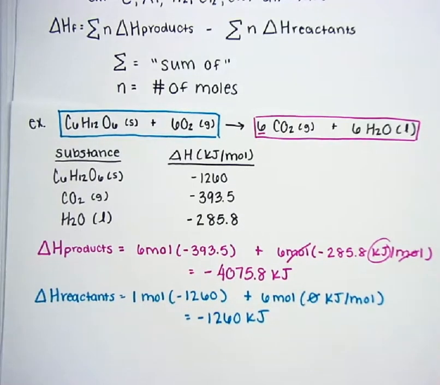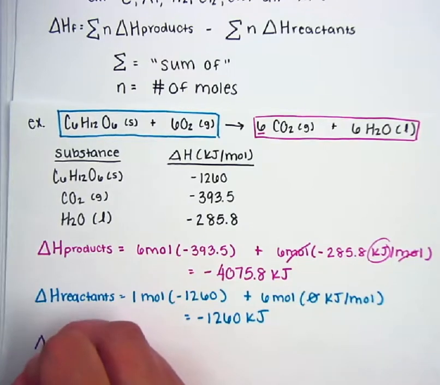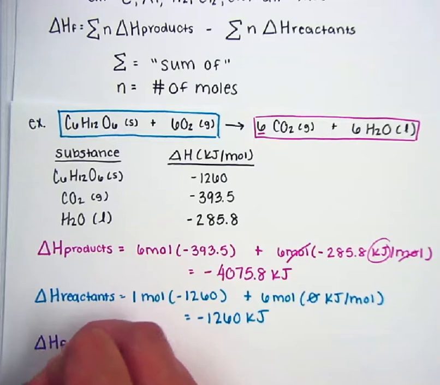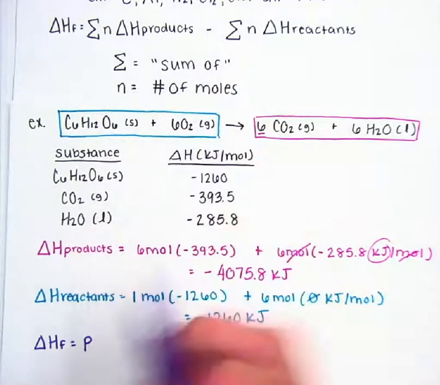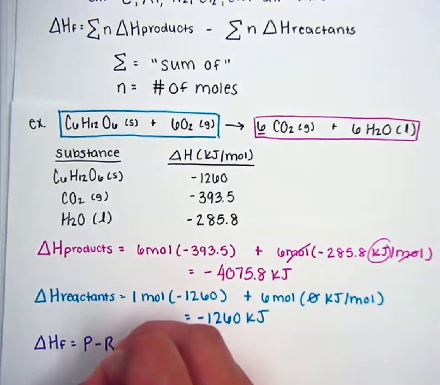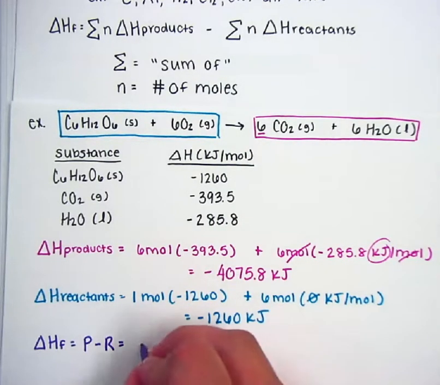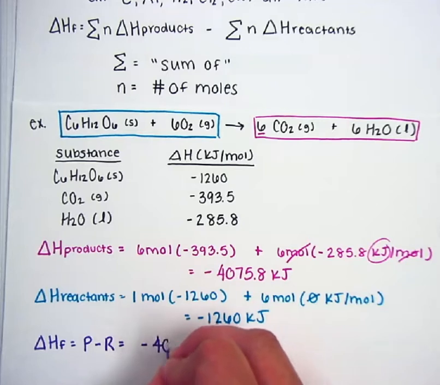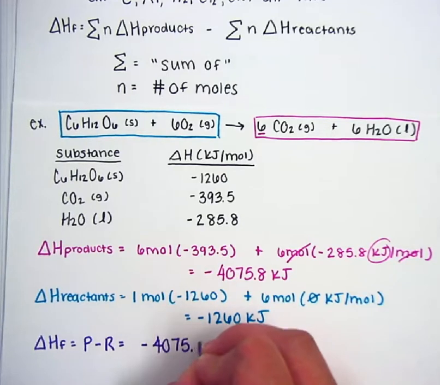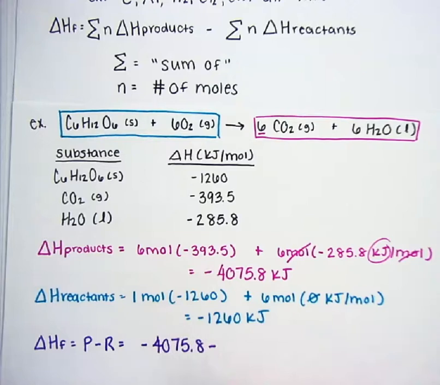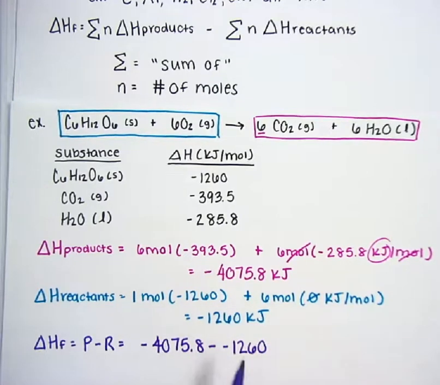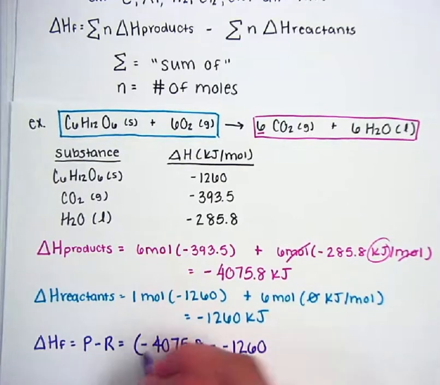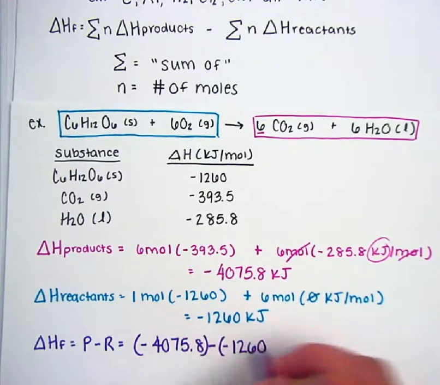So then last step, if I want to calculate the heat of formation, it's going to be products minus reactants. So I'm going to take my value that I got for the products minus the reactants. Sometimes I see students drop a negative. Make sure you are not dropping a negative.